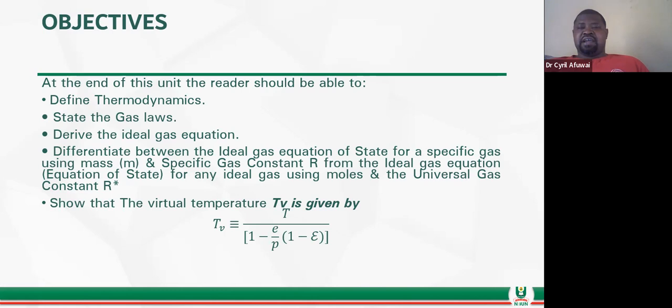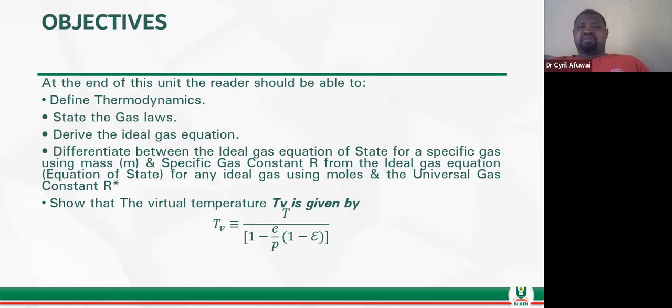Fourth, differentiate between the ideal gas equation of state for a specific gas using mass m and specific gas constant r, and the equation of state for any ideal gas using moles and the universal gas constant R star.